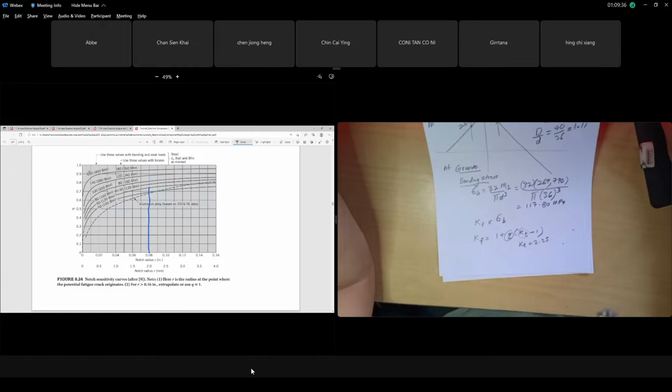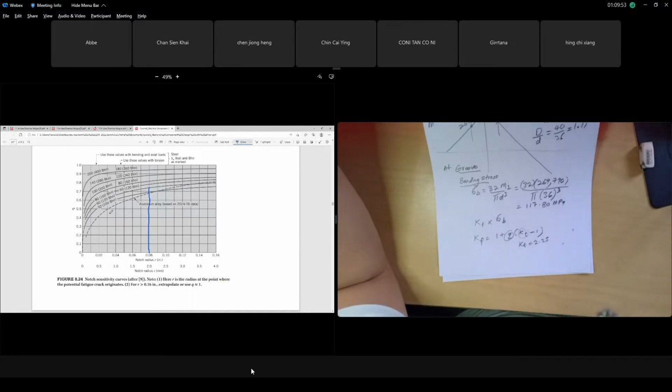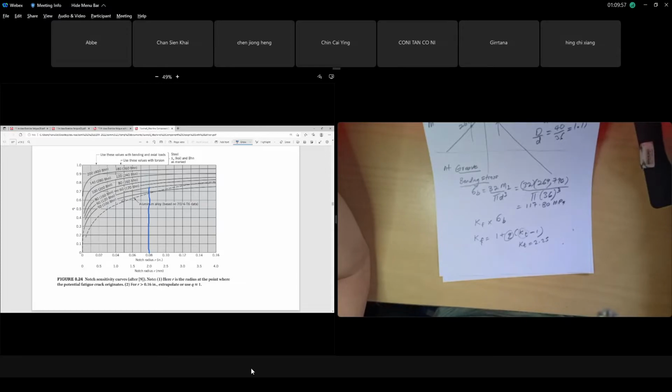We use megapascal or gigapascal, they use KSI, 140 KSI. They already plotted the graph. So what this means is that we need to convert the SUT of our material. Remember our AISI 1045 hot rolled, the material of our shaft? We get the SUT in megapascal and convert to KSI.